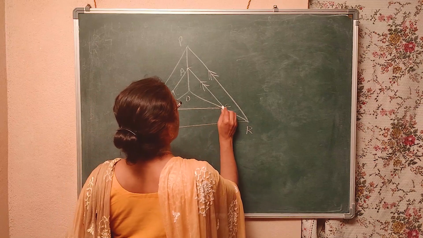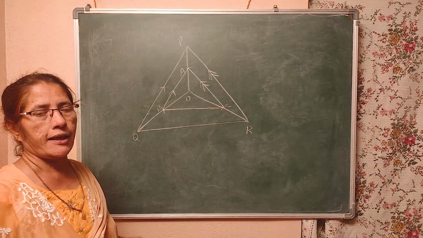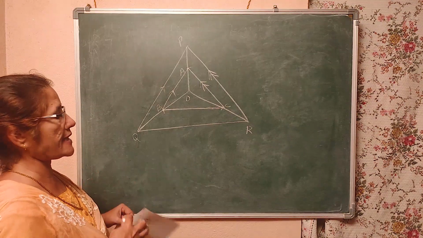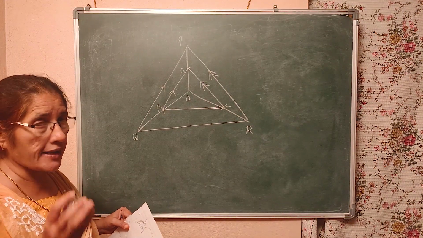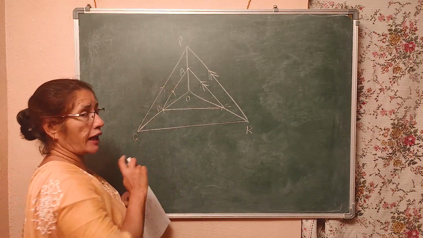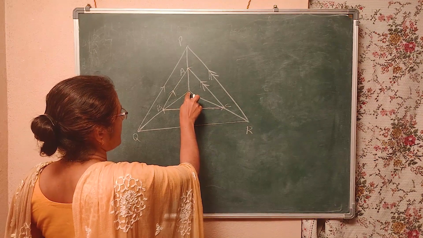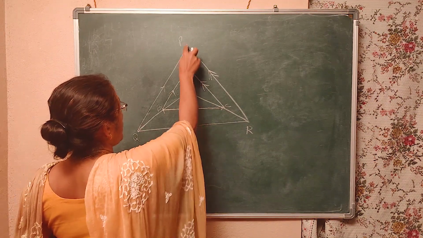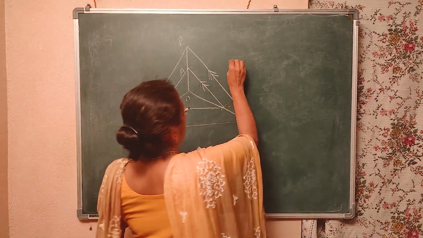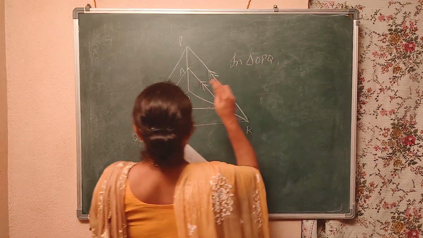How to proceed? I said in the last problem, when one line is parallel to the other, take the full triangle. Which is the triangle I can take? I can take the triangle OPQ.